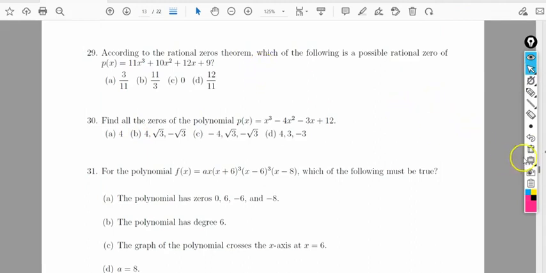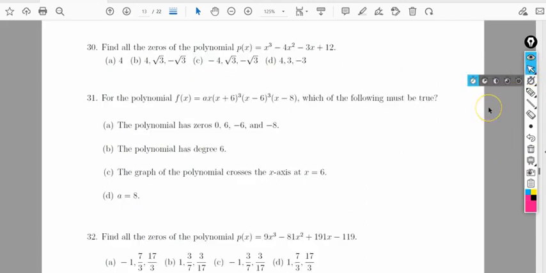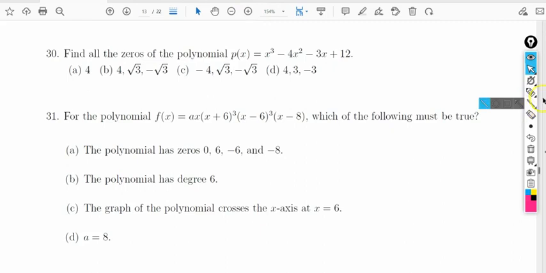Okay, so now let's look at this next one. Which of these must be true? Okay. Well, let's see what the zeros are. So if you set that equal to the number 0, then x itself is 0, will make the whole thing 0.